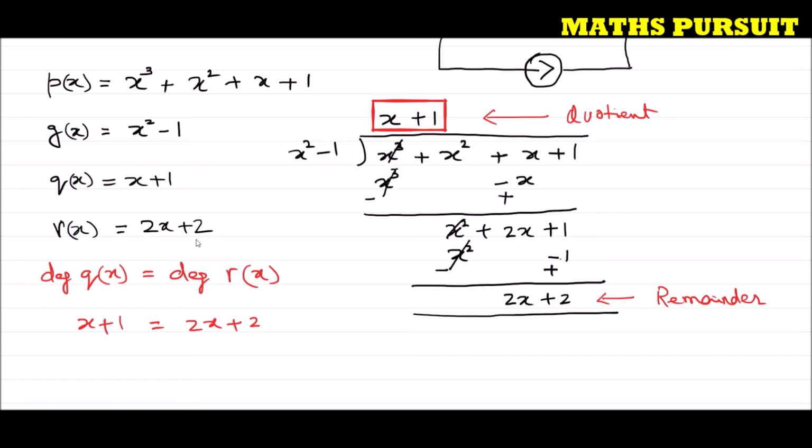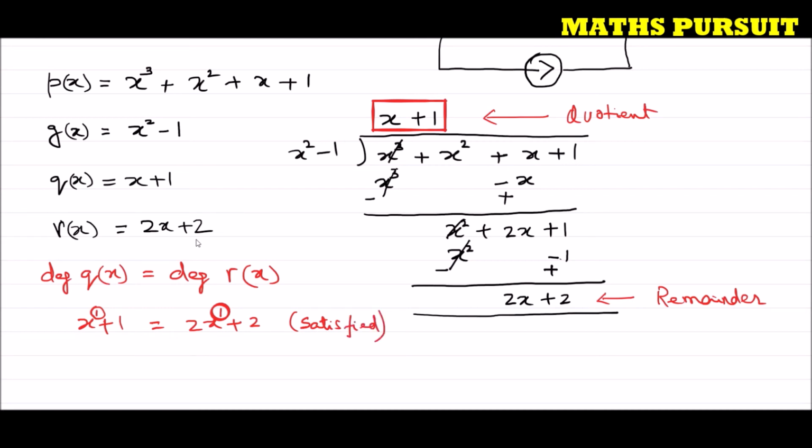And you could see that in Qx the degree is 1, and in Rx the degree is 1. So this condition is satisfied, because the question asked us to frame polynomials in such a way that the degree of Qx is equal to the degree of Rx.